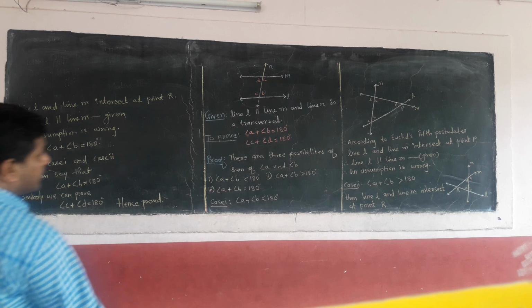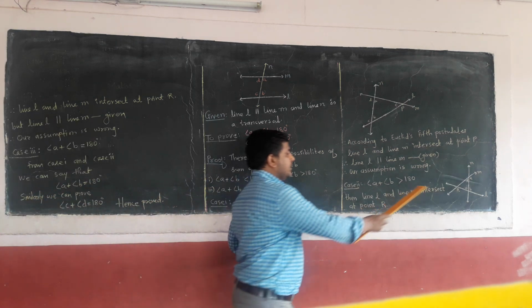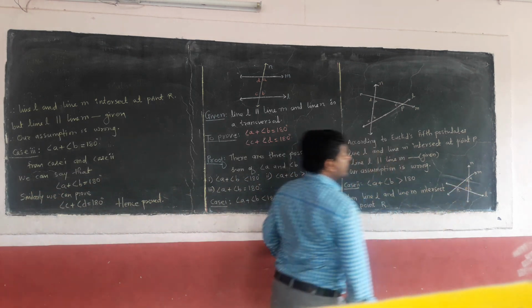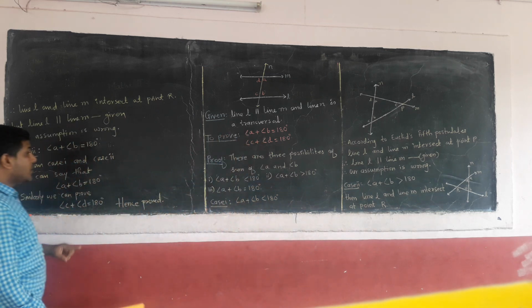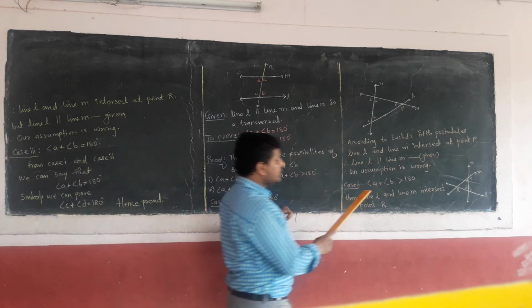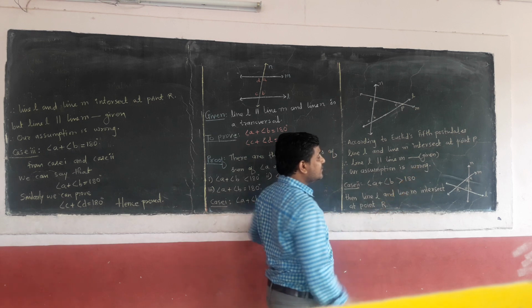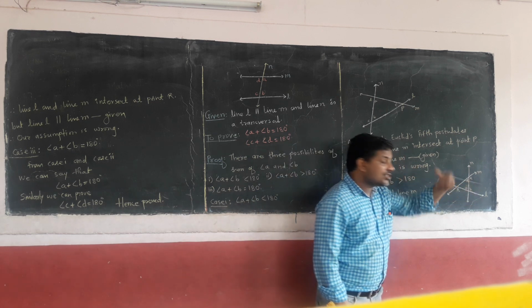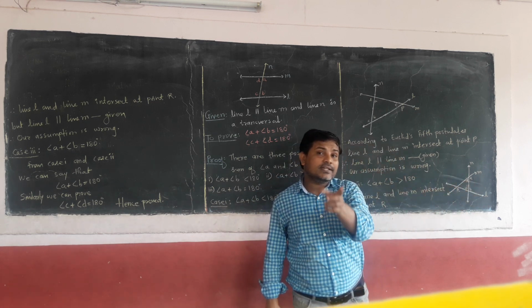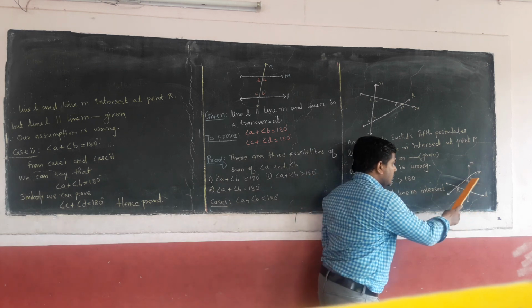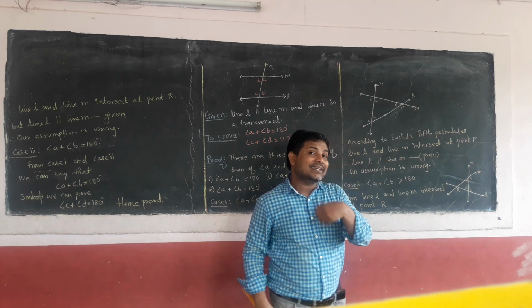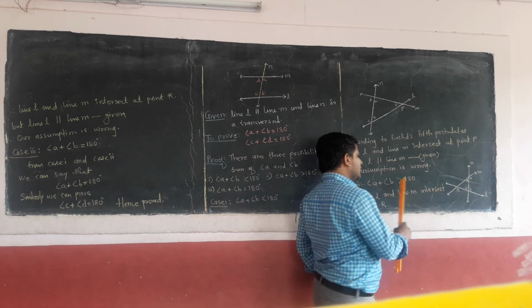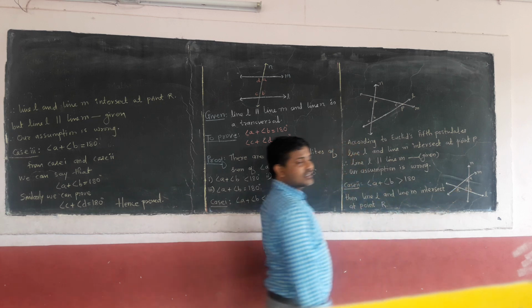Yes, you can see here line L and line M are intersecting at point R. Why is it intersecting? Because it is said that A plus B is greater than 180. मतलब इन दोनों का एडिशन 180 से ग्रेटर है. 180 से ग्रेटर कब होगा? ये दोनों एंगल्स अगर 90 से ग्रेटर हो जाएंगे, तो वो इस साइड में इंटरसेक्ट हो जाएंगे.